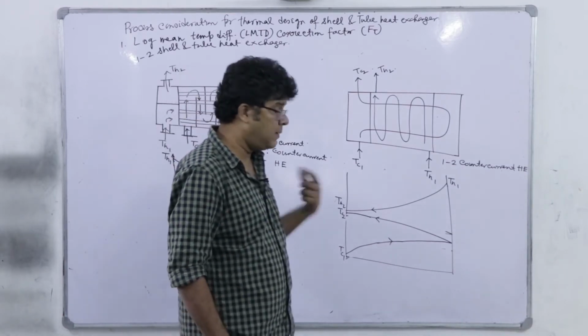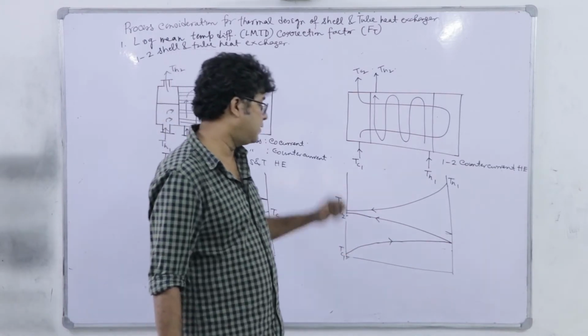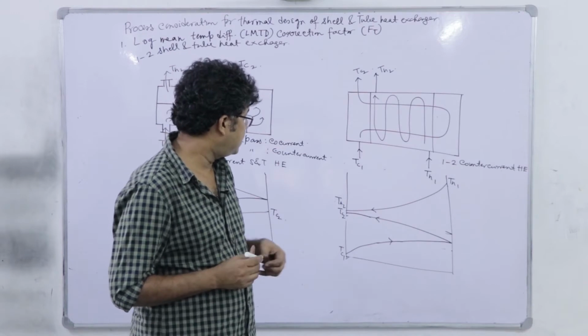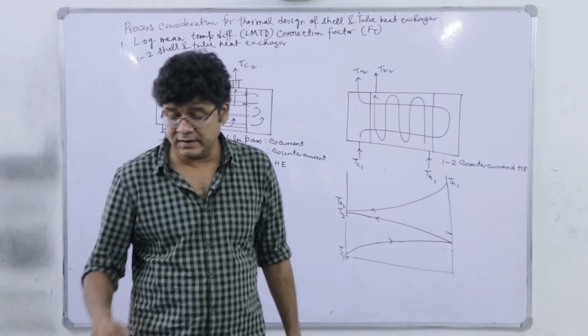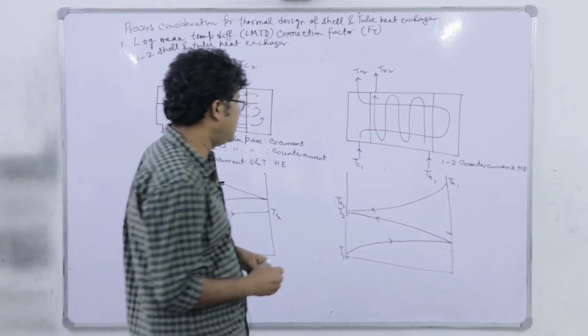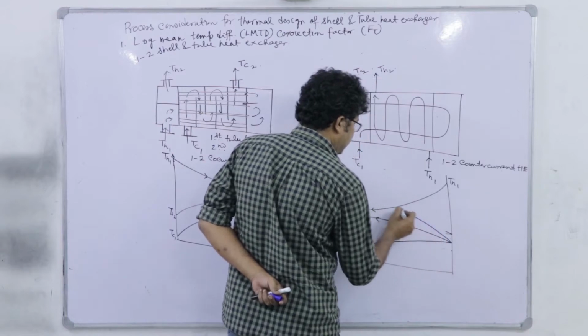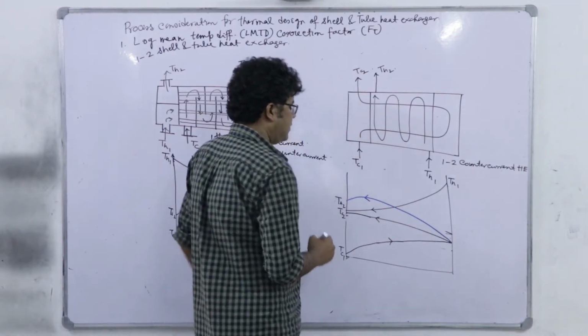However, there may be chances of getting an abnormal temperature profile, where in the second pass of this cold fluid, the temperature locally may exceed that of the hot fluid. So, in that case, we can have a temperature profile like this, right.